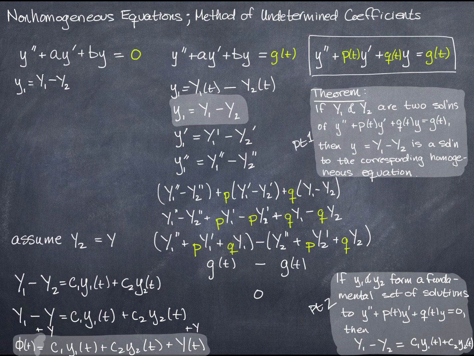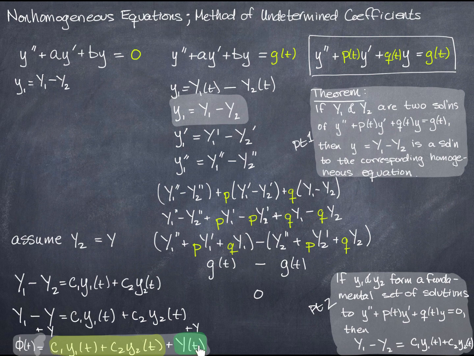And the form is very interesting because it's the form of the general equation of a homogeneous second order linear differential equation with a particular solution to a non-homogeneous version of the same problem tacked on at the end.